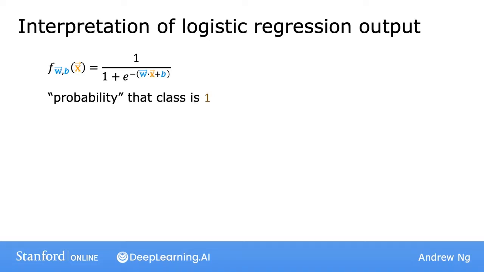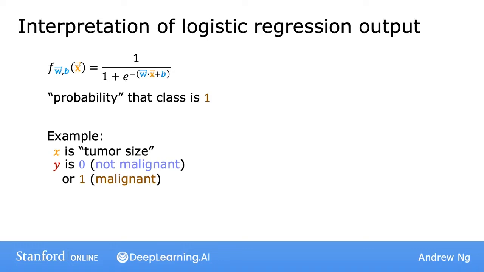So, for example, in this application where x is the tumor size and y is either 0 or 1, if you have a patient come in and she has a tumor of a certain size x, and if, based on this input x, the model outputs 0.7, then what that means is that the model is predicting, or the model thinks, there's a 70% chance that the true label y will be equal to 1 for this patient.